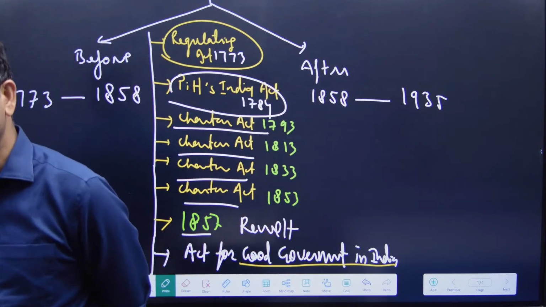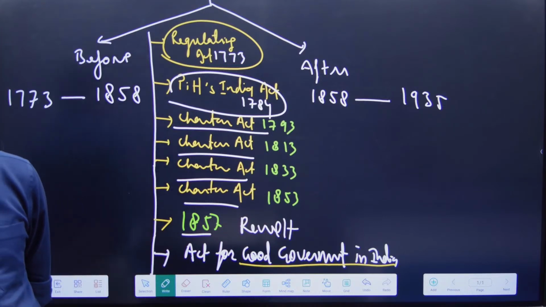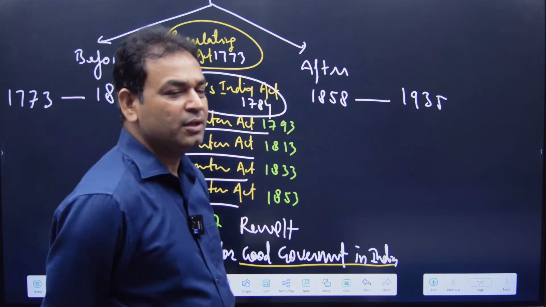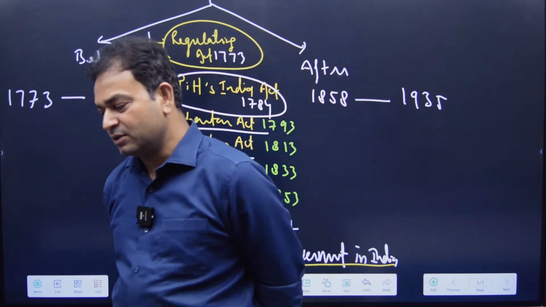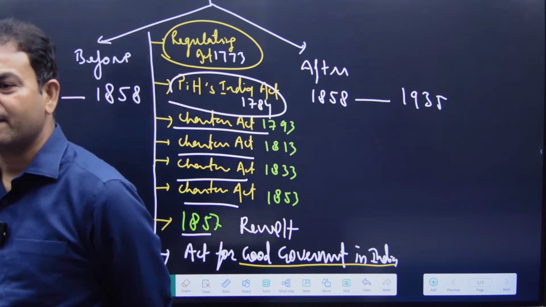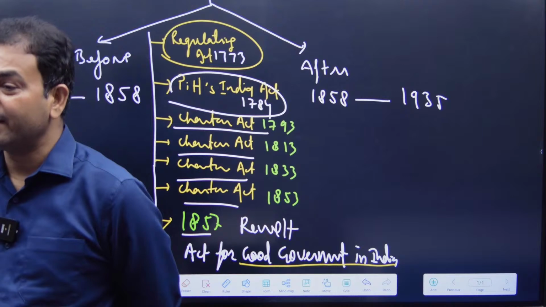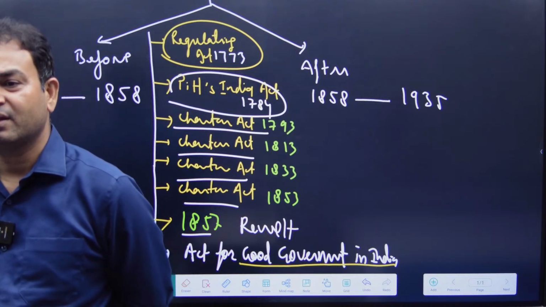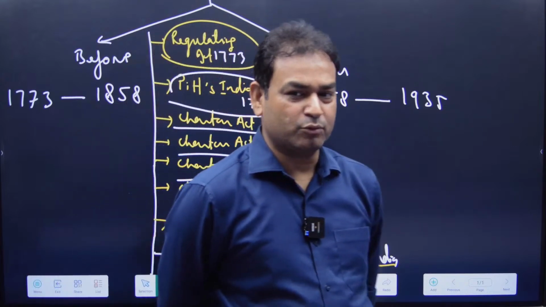Now the British tried to establish monopoly. In the Battle of Buxar, they defeated the Mughal emperor Shah Alam, the Nawab of Awadh Shujauddaulah, and the Nawab of Bengal Mir Qasim; the joint army was defeated in that war.